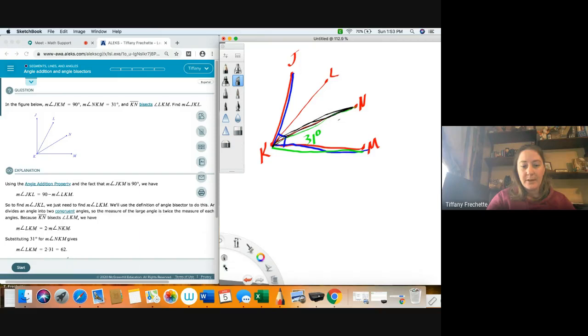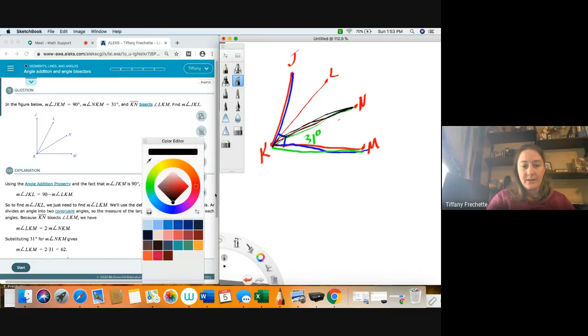I'm going to grab a different color, so let's go with purple. So this line that I did in black bisects LKM.